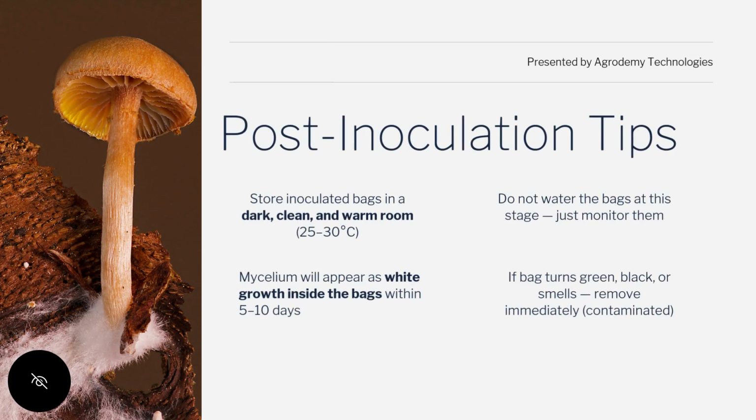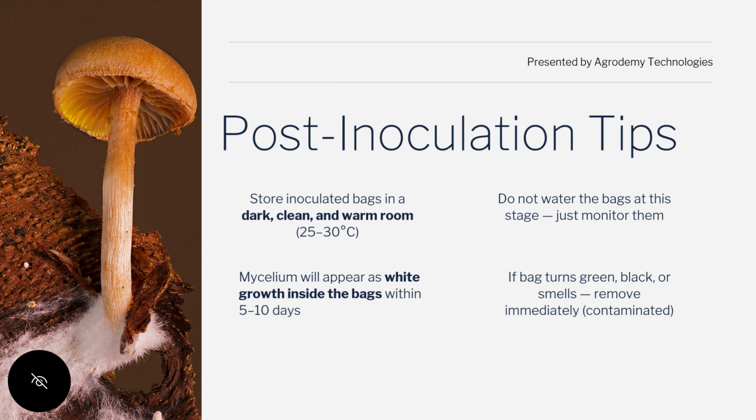Now, what are the post inoculation tips? Once you have done this, like what we had said, added the spawn and tied it, make sure you store it in your dark room that is very clean. Keep your temperature at 25 to 30.